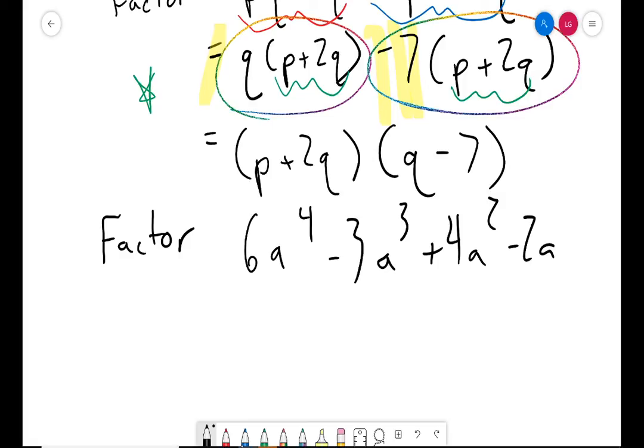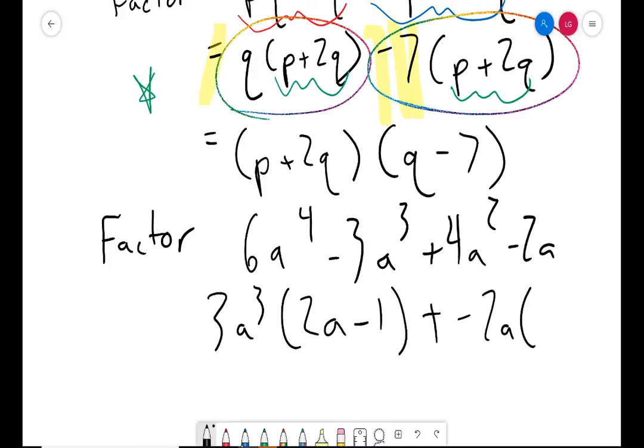Well, let's approach it similarly. Look at the first 2 terms. Do they have anything in common? Look at the second 2 terms. Do they have anything in common? Well, yeah. The first 2 have 3a cubed in common. What's left is 2a minus 1. The second 2 terms have minus 2a in common, and what's left is 2a minus 1.